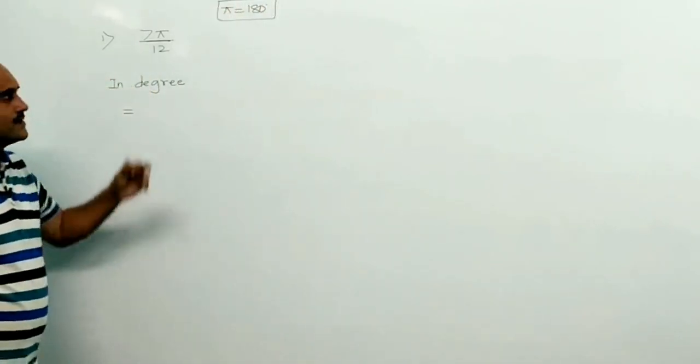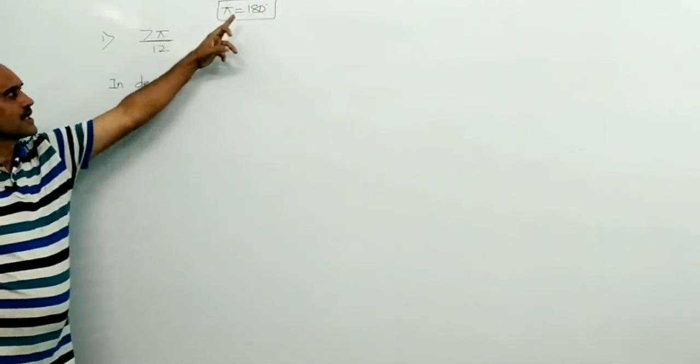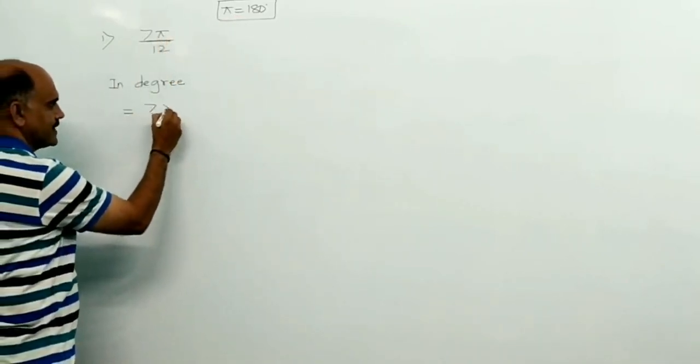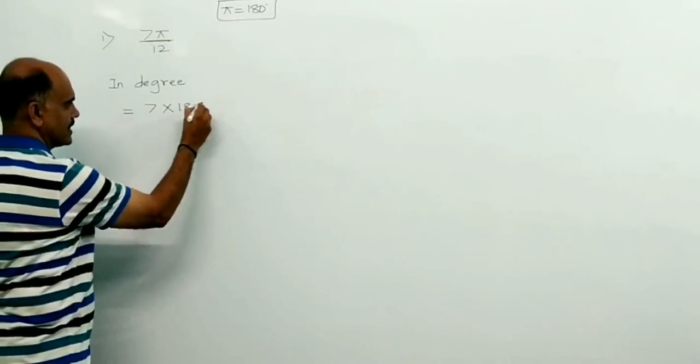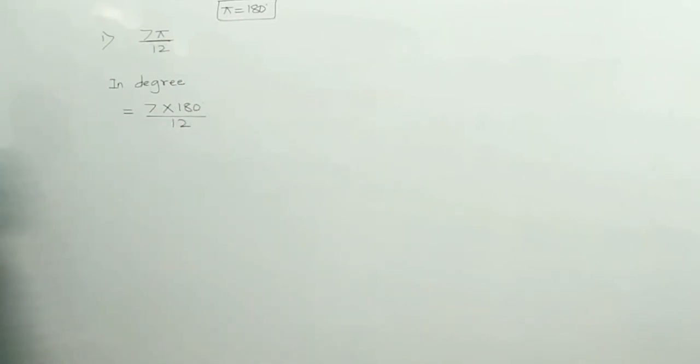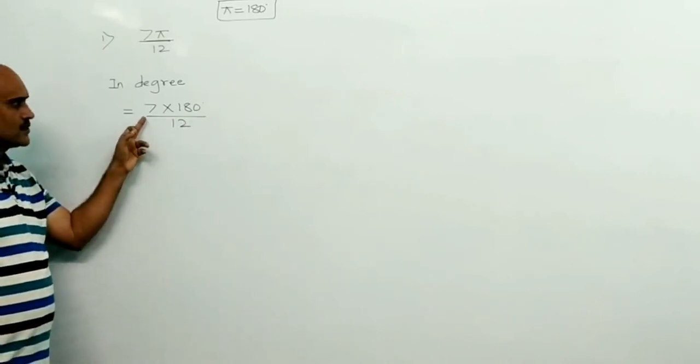So in this, wherever pi is there, you substitute 180. So you will have 7 into 180 divided by 12.